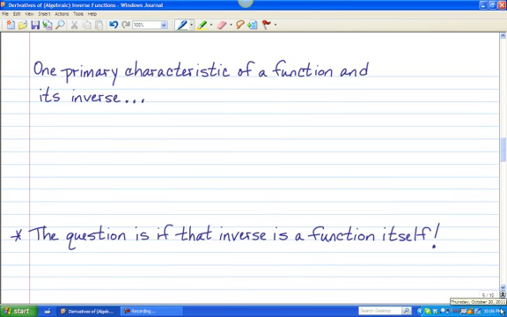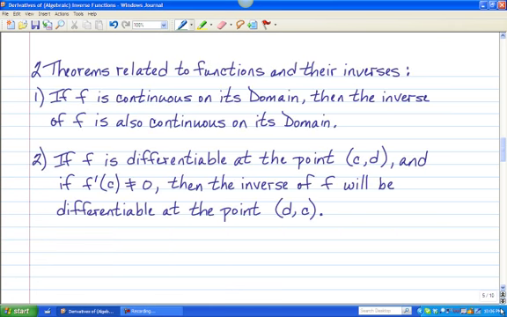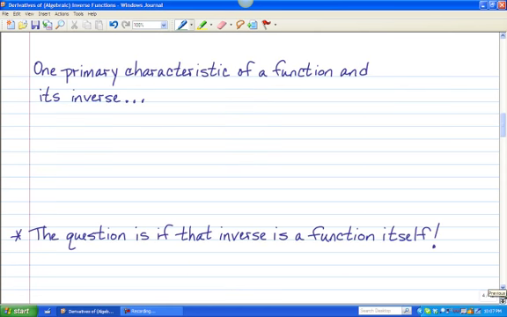Now, one primary characteristic of a function and its inverse is that the domain of f, remember, will become the range of the inverse.